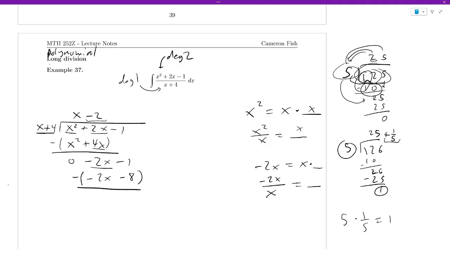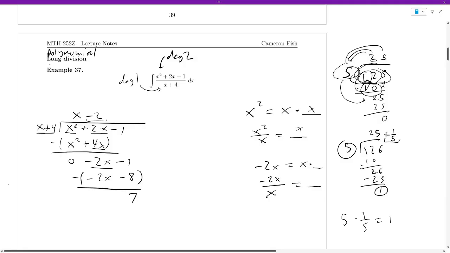Okay, so now we just do our subtraction. Again, this first one will cancel. It's designed to. Negative 2 minus negative 2, that's nothing. And I'll have negative 1 minus negative 8, so negative 1 plus 8, so that should be 7. Okay, and then our final step would be, again, come back to this x and see, does it go into 7?